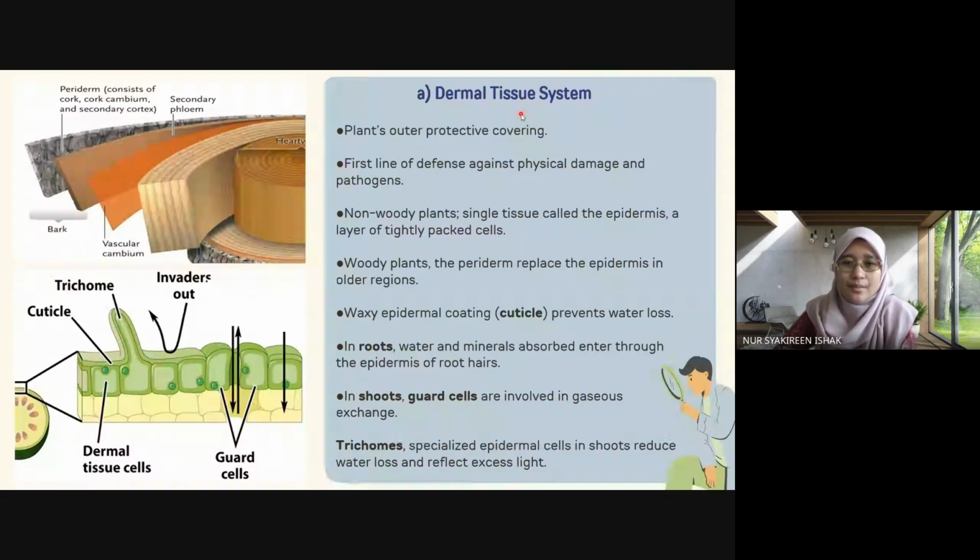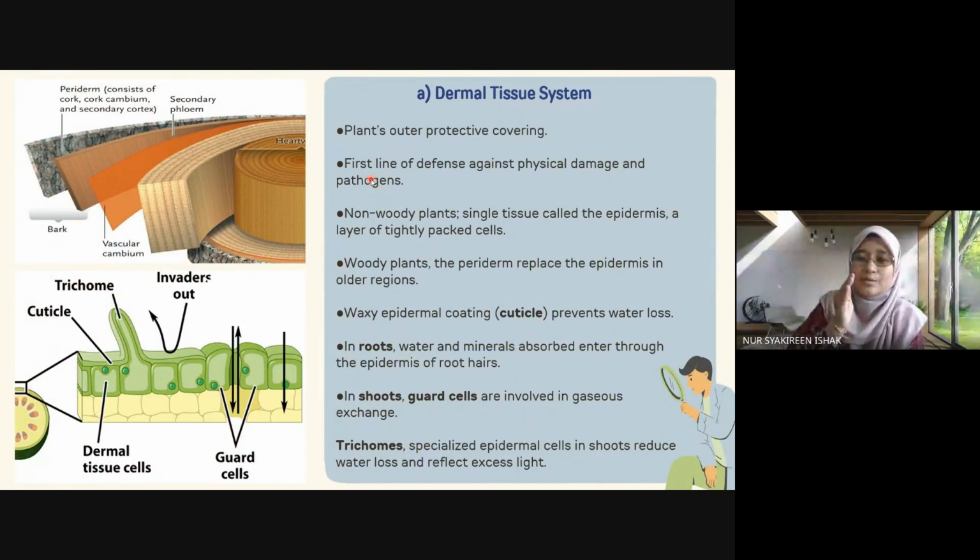So the dermal tissue system, in plants, is the plant's outer protective covering, the outer layer. Because it is the outer layer, it functions as the first line of defense against physical damage and entrance of pathogens.